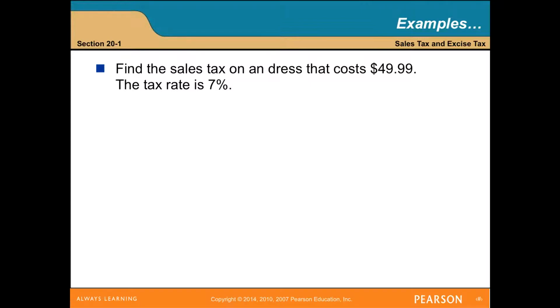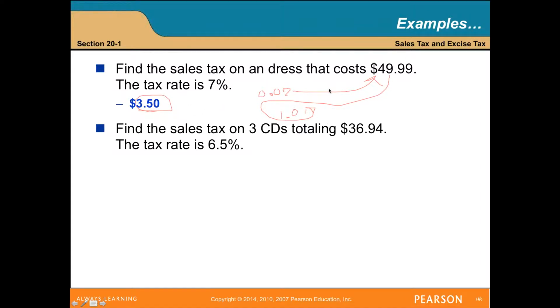Some examples: find the sales tax on a dress that costs $49.99. The tax rate is 7%, and it is $3.50. Basically all you do is 0.07 times $49.99, and then you get $3.50. Or if you multiply it by 1.07, what you get is $49.99 increased by 7%, and it'll give you the total price.